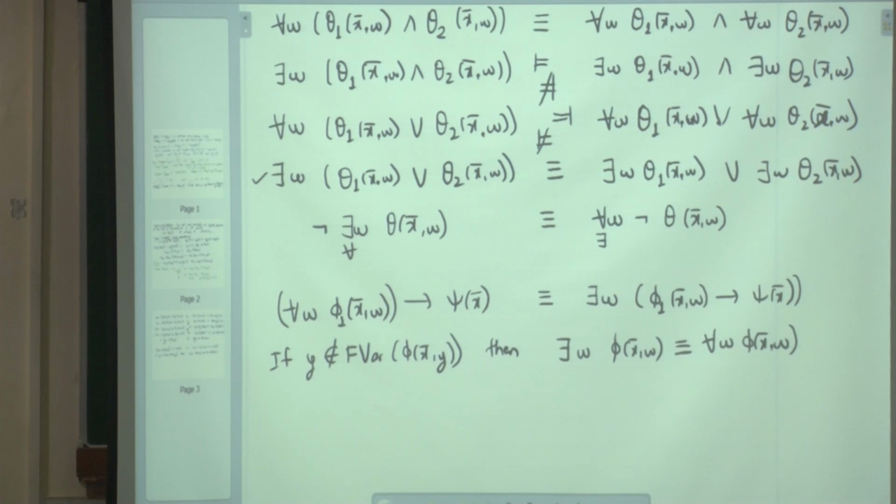Okay. Now the last thing perhaps, the dual version of this implication thing. If phi 1 x bar implies for all w phi 2 x bar w, if I am doing this, then I can take out the for all quantifier and just put it over here.